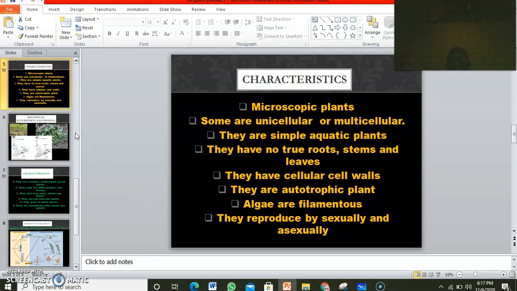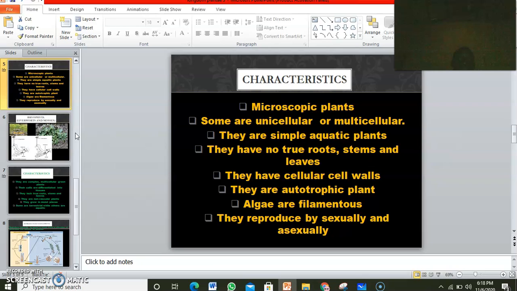They are plants, but they are made up of a single cell, which can make their food by means of photosynthesis. The multicellular ones are the ones that are made up of two or more cells, like algae, and also some of them can be in the form of a group.